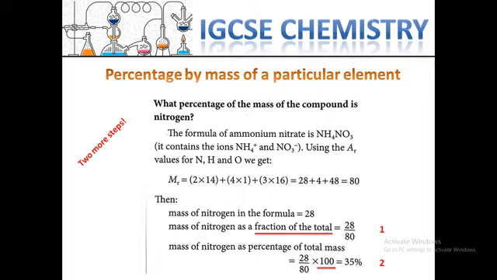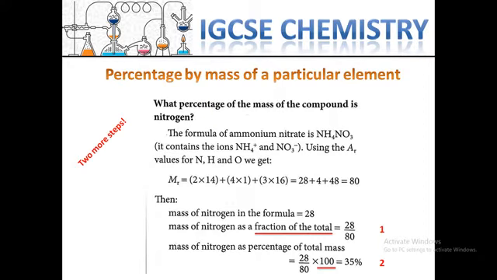For example, any product you use from the market, like biscuits, chips, Coca-Cola, you can refer to the label, and the label can show you the percentage of a vitamin or protein or carbohydrate. They can be calculated with the same method. This is important for any product, to get the percentage of the mass of a compound.